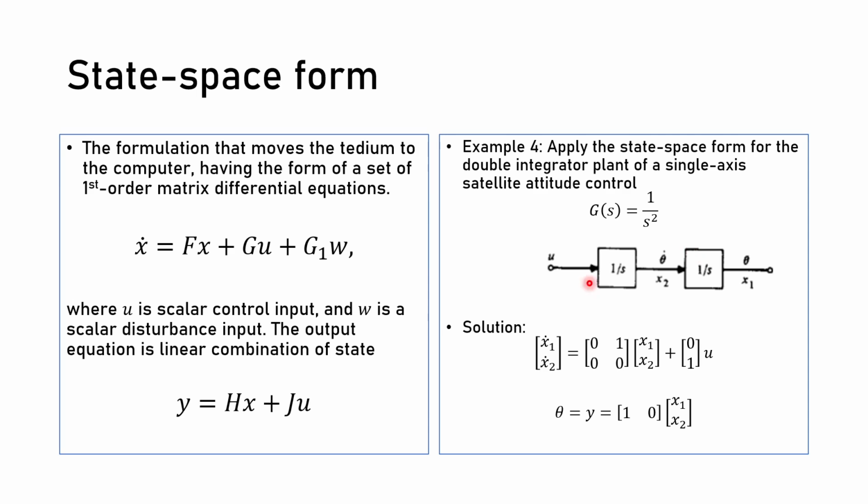And then transform it into state space form, because this is second order. Then you have equations for h1 and h2 like this, and the output is theta. So theta is h1, so you have the constant H as 1 0 like this, so you just get h1.